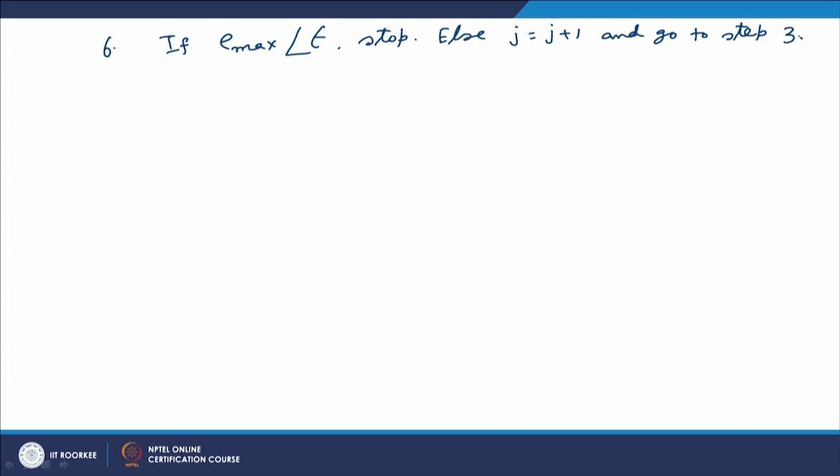And then if E max is less than some epsilon, stop, else increment the iteration count and go to step 3. So this is the basic equation, and this is the basic approach for solving the Gauss Seidel load flow with a single generator.